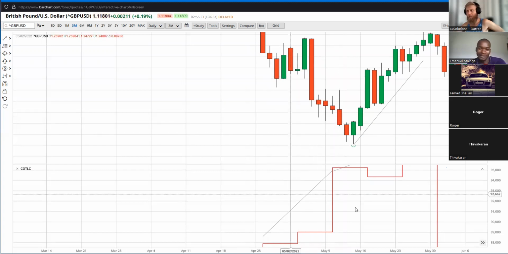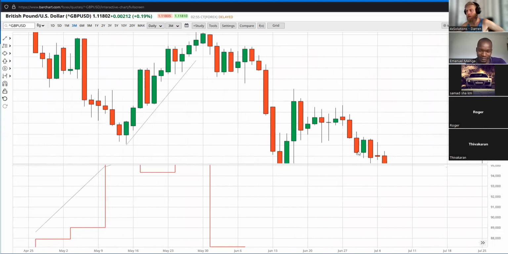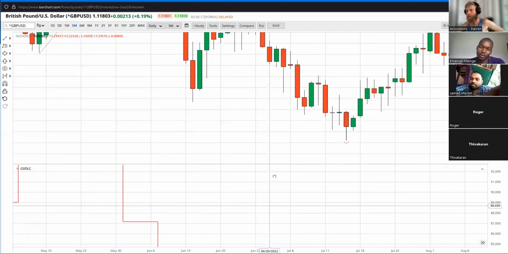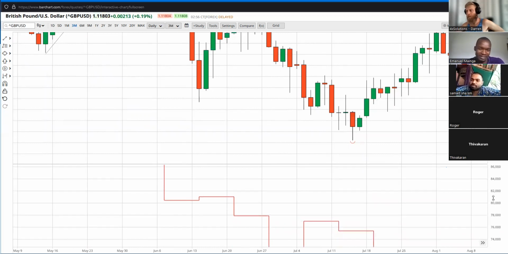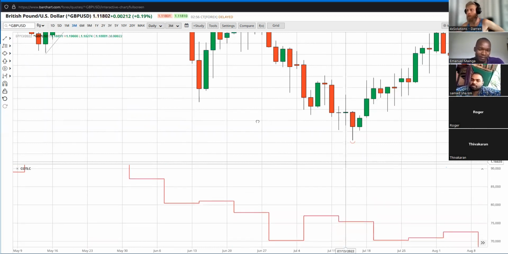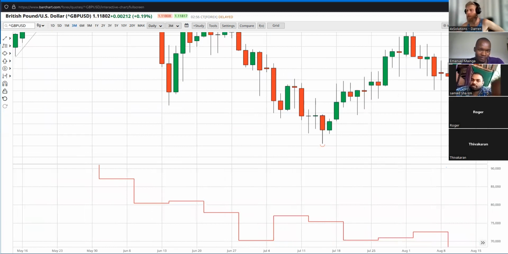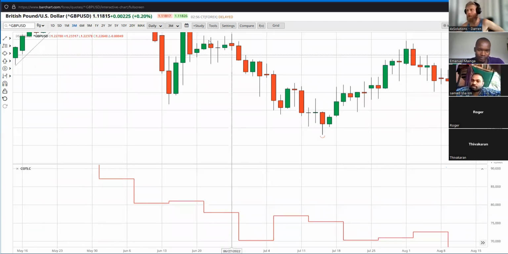I get you. I didn't understand the first part. So is there nothing that you inverted, or is it just normal as it is? No. So there'll be times also, like for example here, where price is going down and the data is going down.